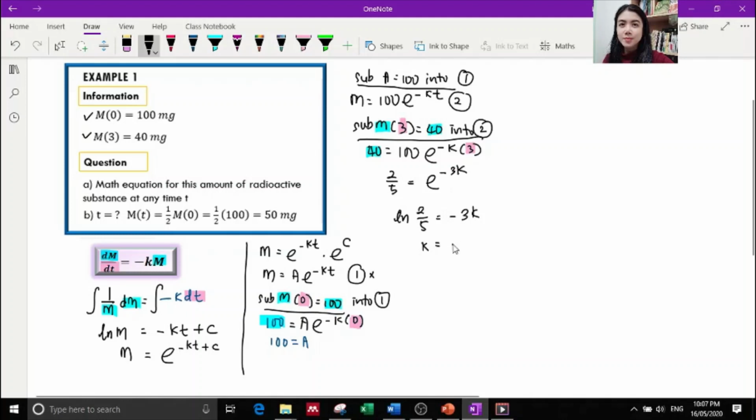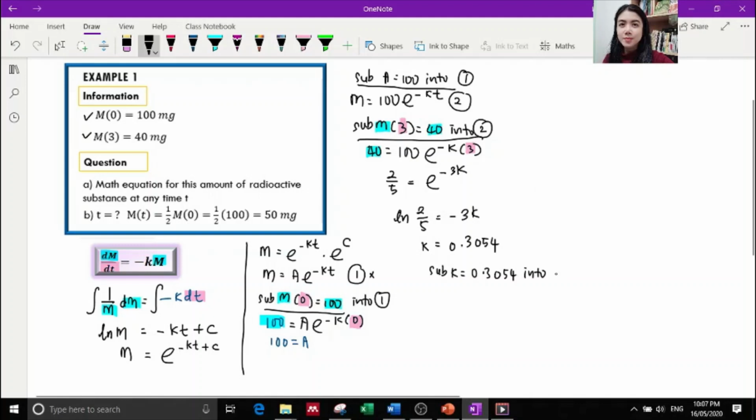So your value of k is actually 0.3054. Now substitute your value of k, that is 0.3054, into your equation number 2.